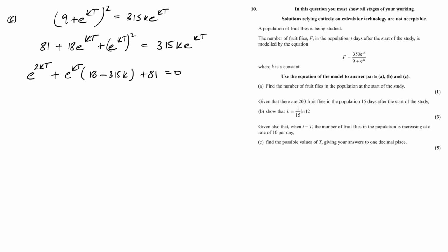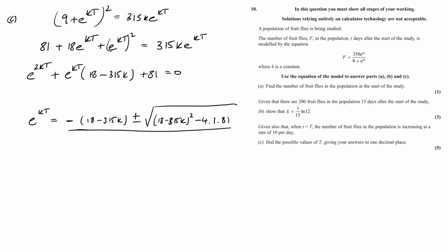So e to the kT equals minus b, so minus (18 minus 315k), plus or minus the square root of b squared minus 4 times a times c, all over 2a, so 2 times 1.